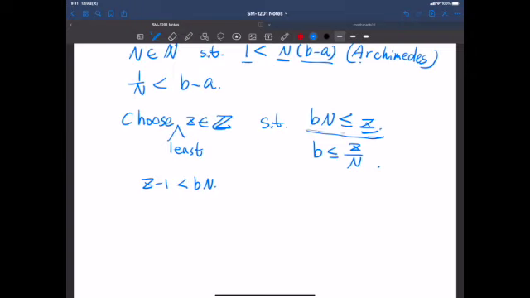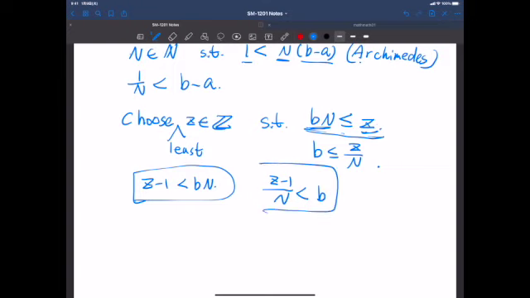So if you subtract 1 from this, z minus 1 should be less than bn, right? Okay, so this means (z minus 1) over n is less than b. So we have this and we have this.